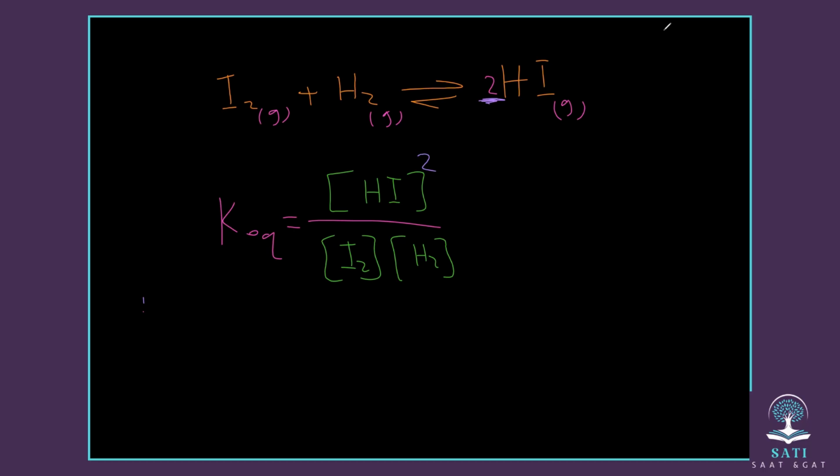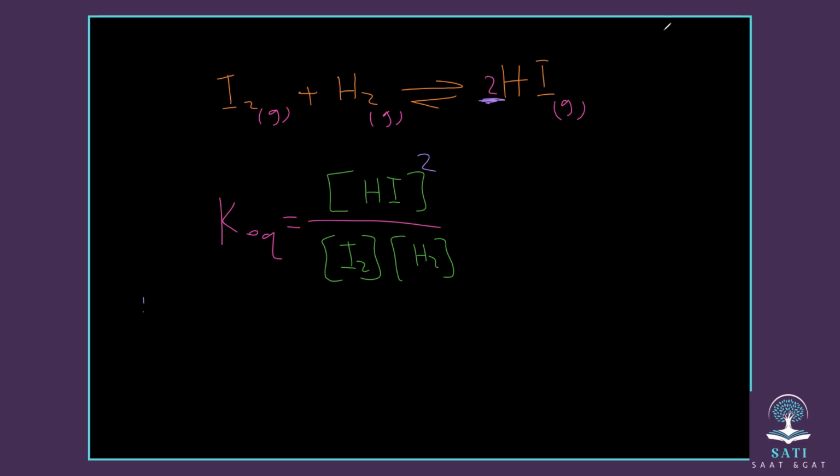This is how to write the equilibrium constant. And pay attention, equilibrium constant is written only for gases. That means if one of the states of a product or of a reactant is not gas, that means it is solid or liquid, in this case we don't write it and we don't include it in the equilibrium constant. Why? Because here we are talking about concentrations, and concentrations are usually used for gases or aqueous solutions.